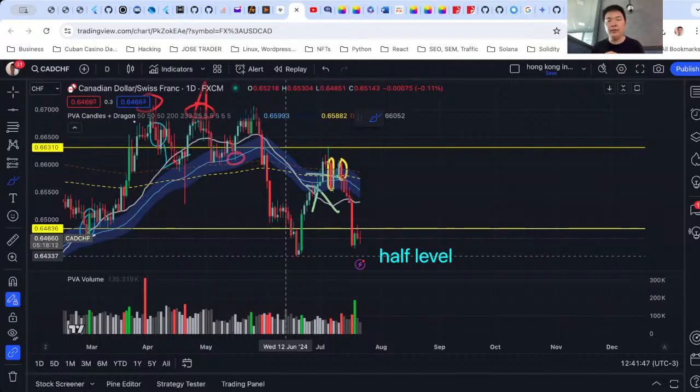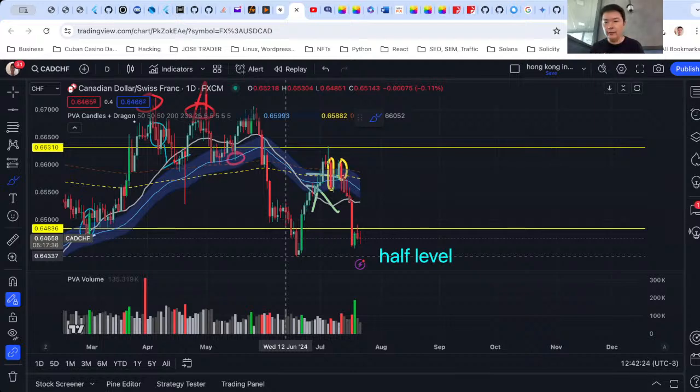According to PVSRA, a bearish trend is when price is being negotiated below our baseline. So that's a clear bearish trend for us, when price has been negotiated below our baseline, which is the 200 EMA. When price starts to be negotiated above the baseline, the 200 EMA, then it becomes a bullish trend.